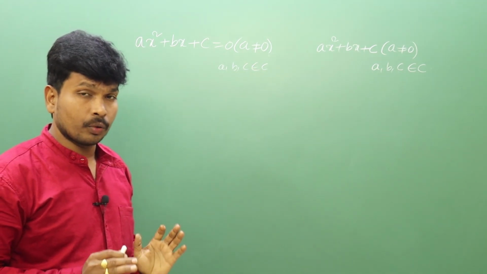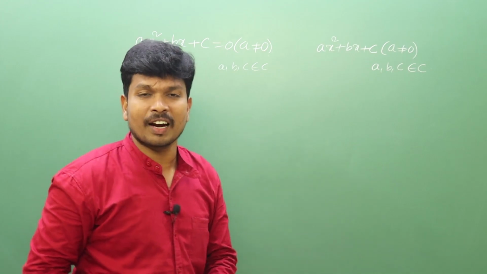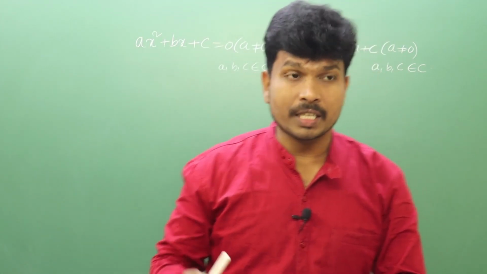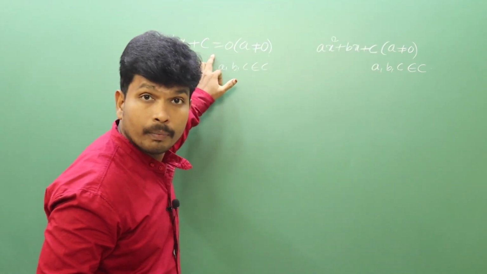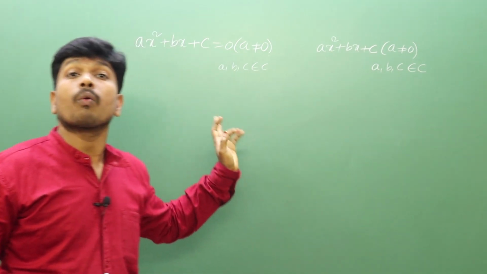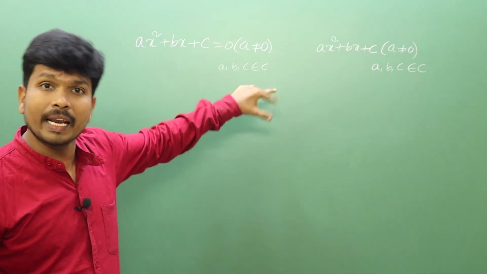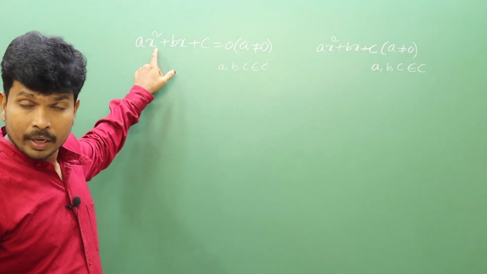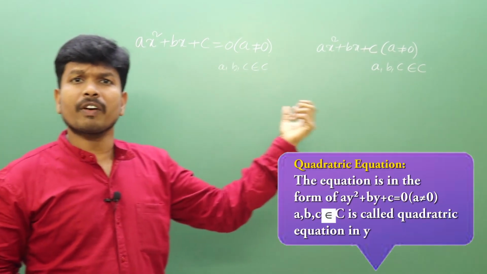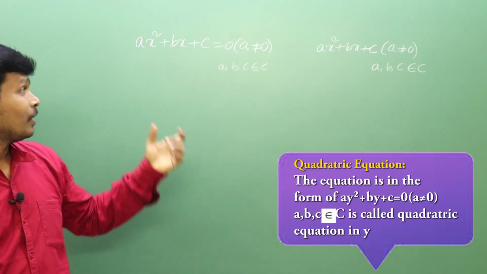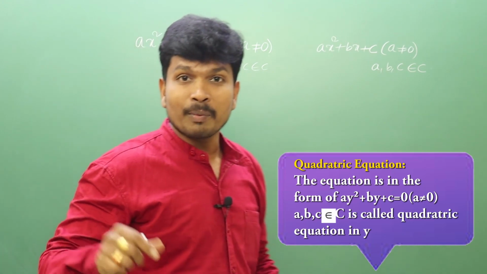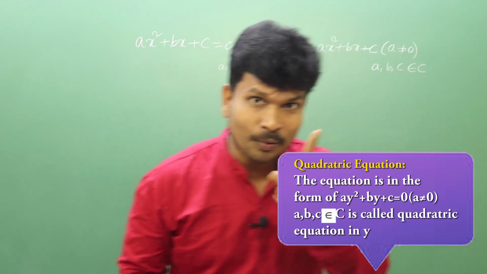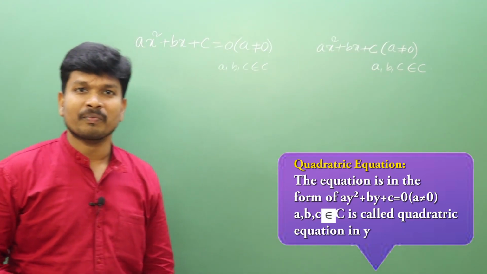Now I am asking you whether it is a quadratic equation or not. If any equation is in this form, then definitely that is called a quadratic equation in x, if the variable is x. ay² + by + c = 0, a not equal to 0, a, b, c belong to C. Is it a quadratic equation?